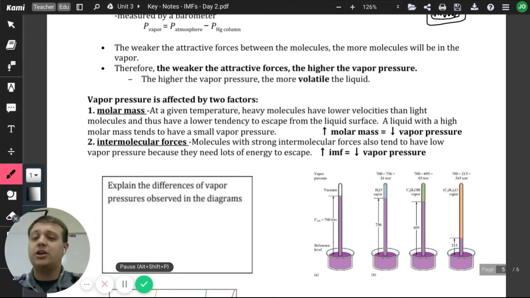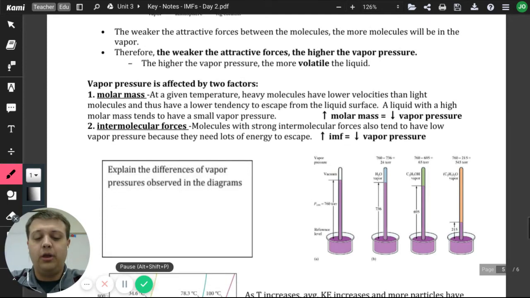The weak magnet is much, much easier to detach, and so because of that, the vapor pressure is going to be much higher because those gases are going to be easily released into the container. Versus if you've got a strong intermolecular force or a strong magnet, those gases are not very likely to be released, okay? And so your vapor pressure would be lower.